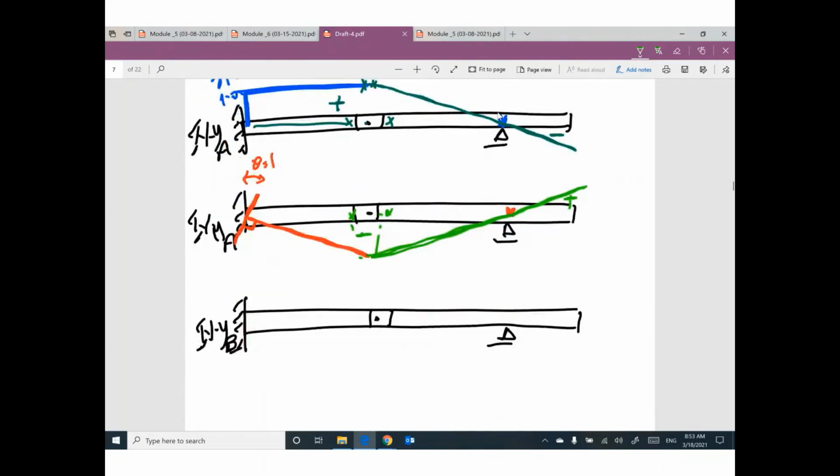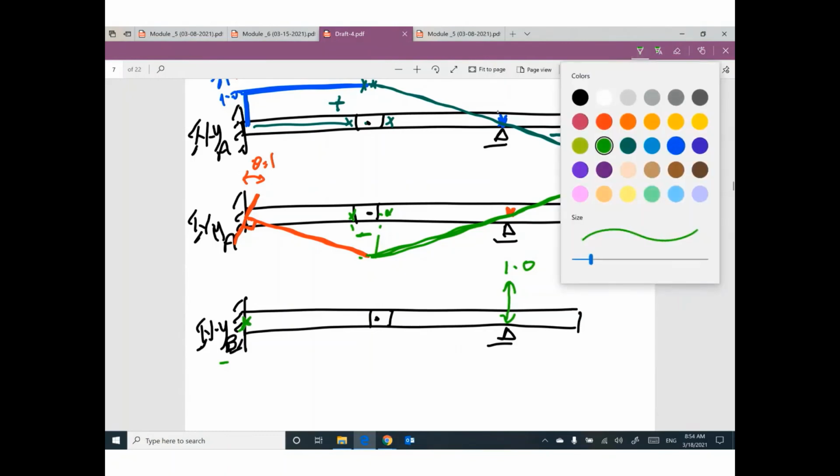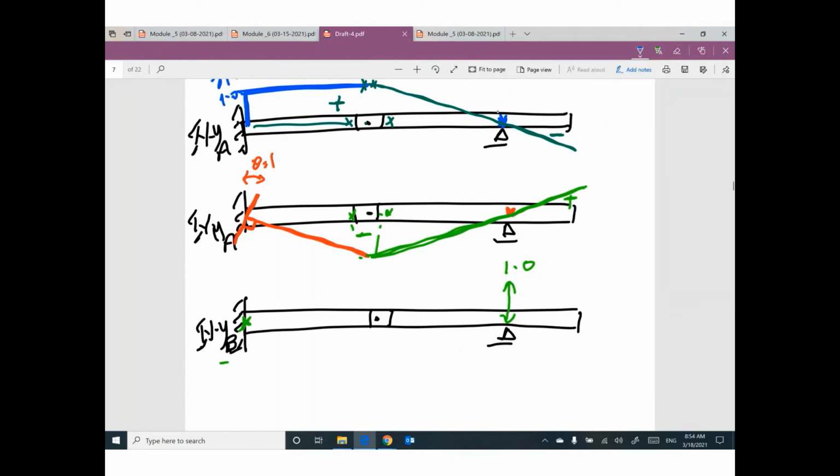Influence line for YB: push support B up by 1, any other support without movement. Guys, if you didn't do anything to the fixed, no movement, no rotation, nothing, so the fixed will remain and the attached part will remain without anything.